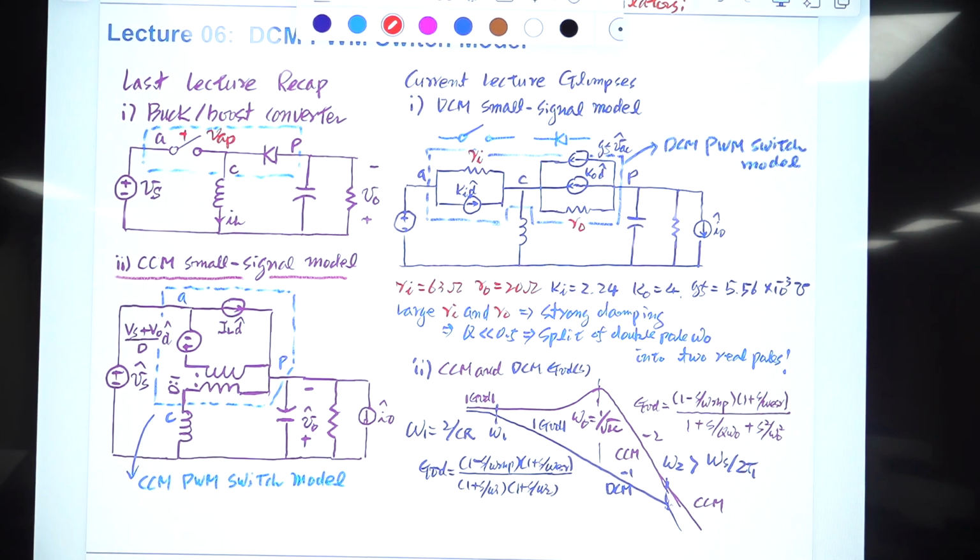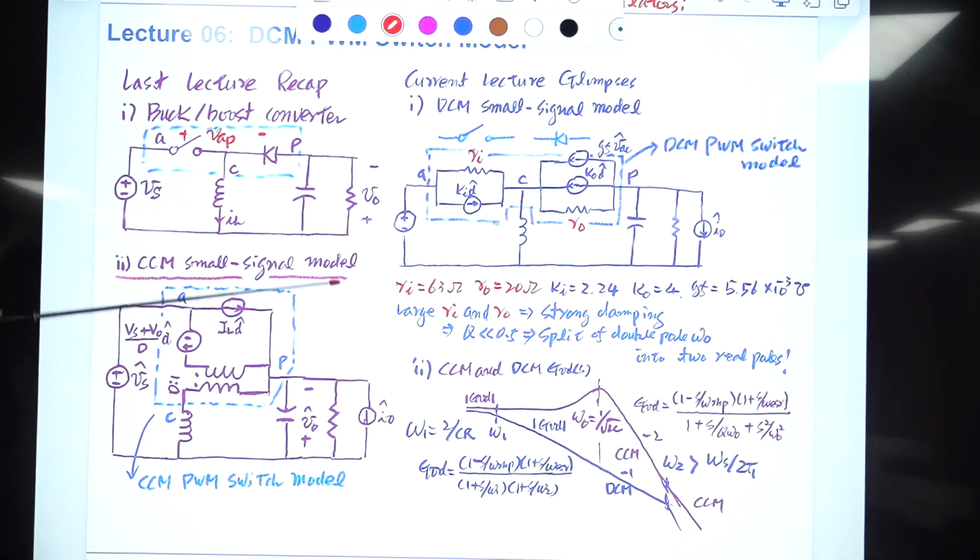This one is VS, and the voltage is reversed here. So VAP is VS plus VO. That is the inherent characteristic of the buck boost converter.